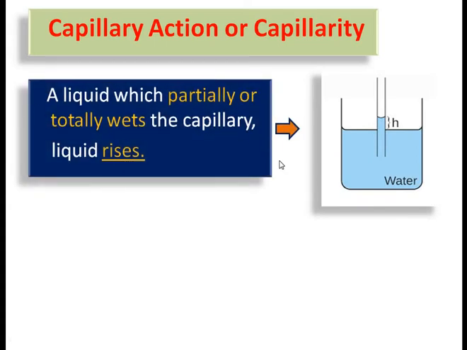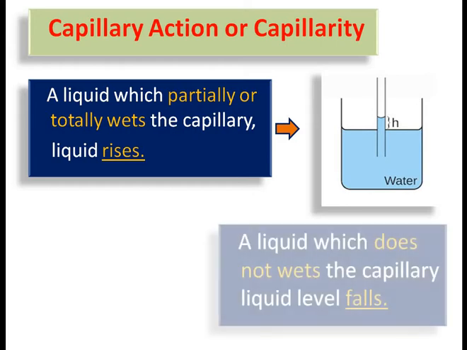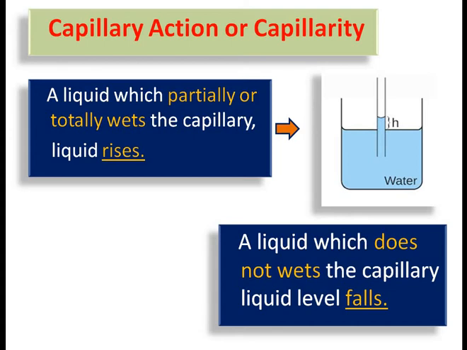A liquid which partially or totally wets the capillary, the liquid rises. Water is a liquid which totally wets the capillary, therefore the liquid level inside the capillary rises. A liquid level inside the capillary will fall when the liquid does not wet the capillary.